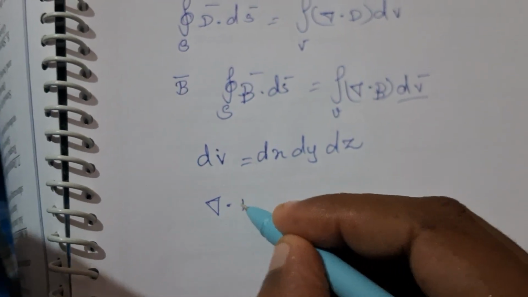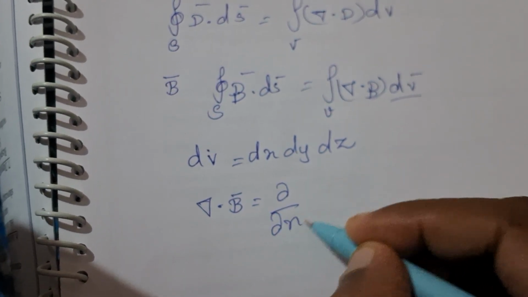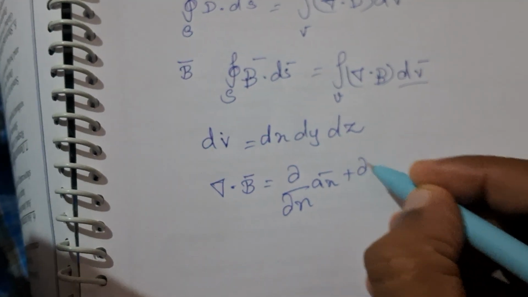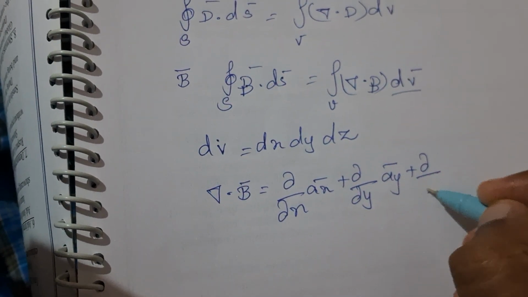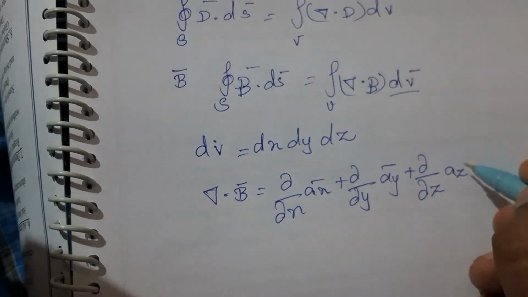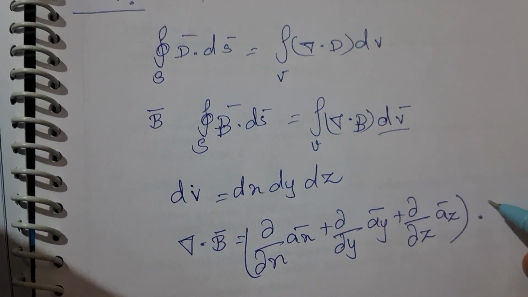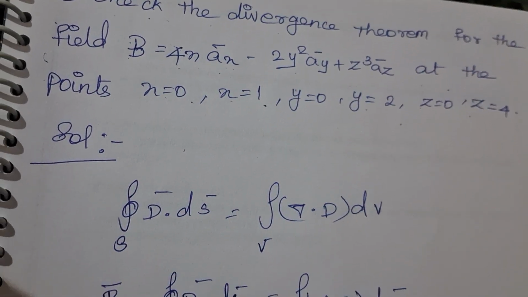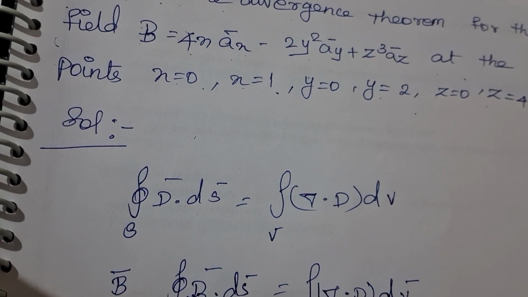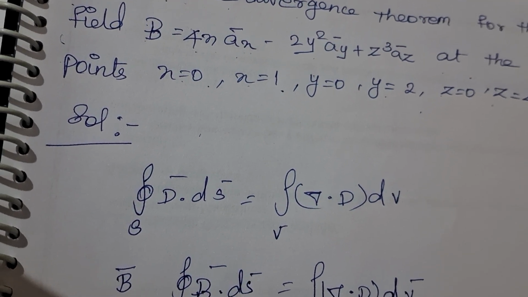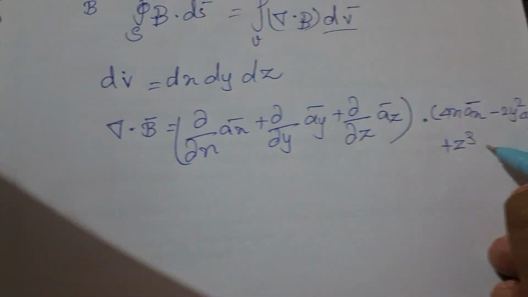Then del dot B, where del is dou by dou x of ax plus dou by dou y of ay plus dou by dou z of az, applied to our problem, 4x ax minus 2y square ay plus z cube az.